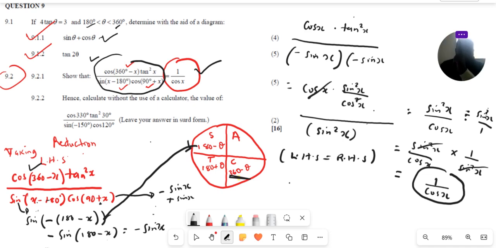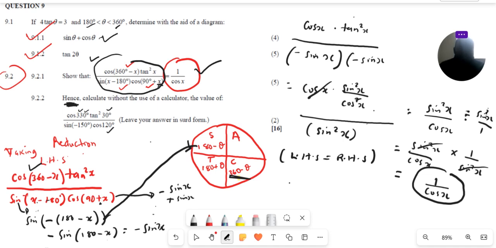This last part that you see here: whenever they say hence, hence means start from the answer. What do I mean? If you see that they have given you cos 330 and cos 30 here, it means that this value of x was 30.